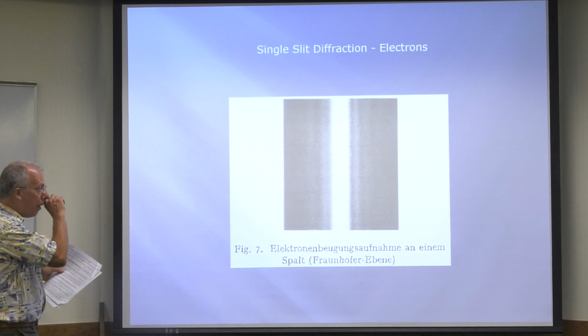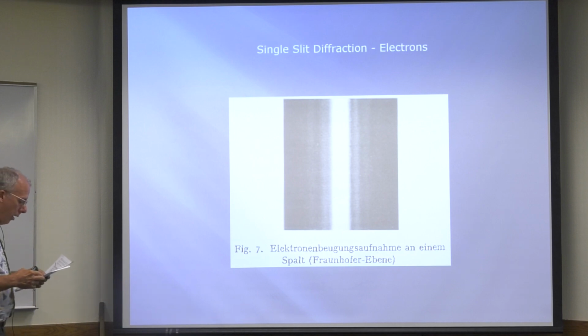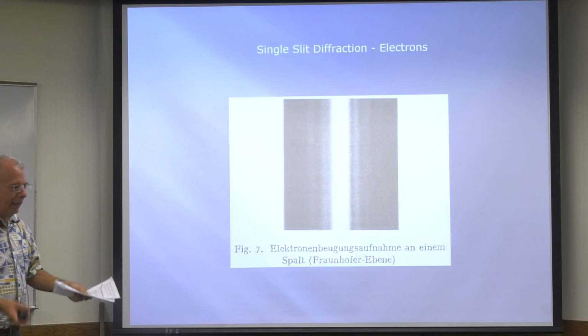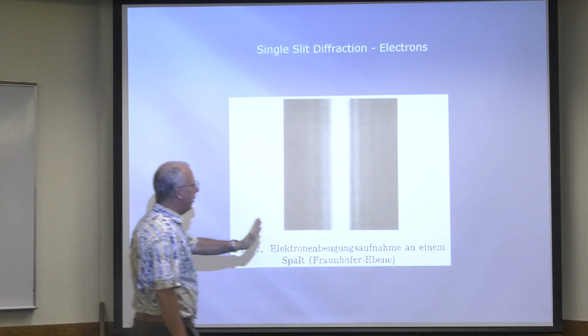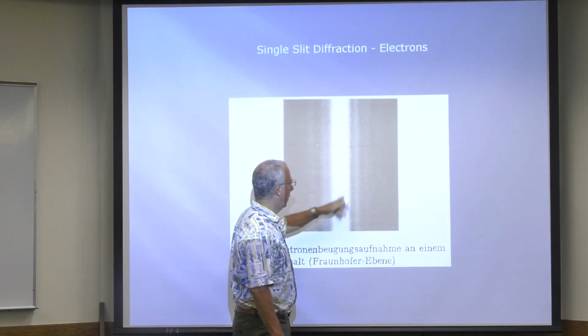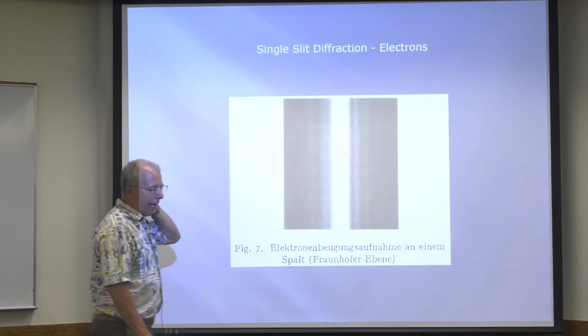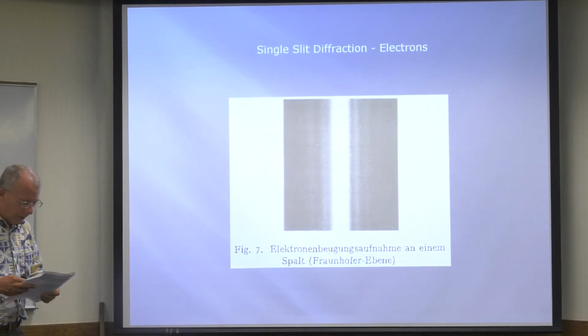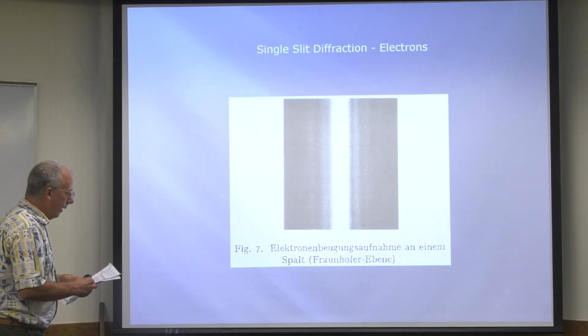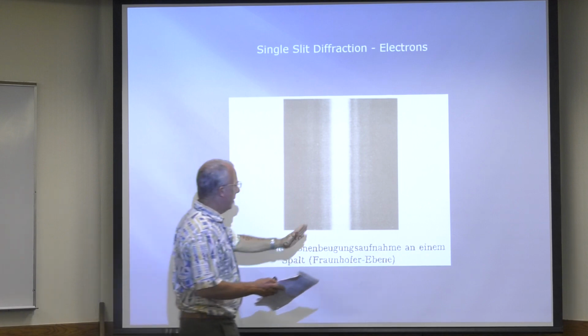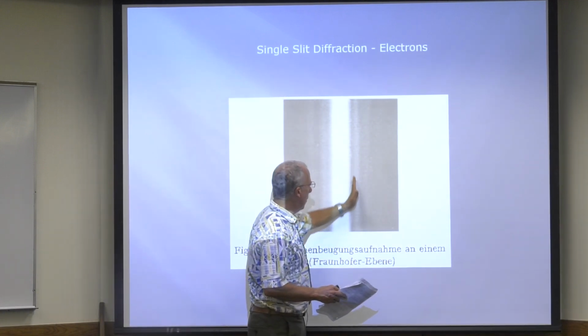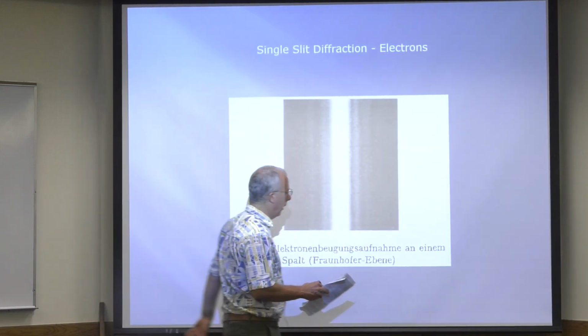Now we want to interpret this in terms of particles, so we look at the data. The fact that you get a diffraction pattern indicates that not all of the electrons follow the same path. They pretty much had the same initial state of motion, but most of them fall here, some fall here, some fall here.